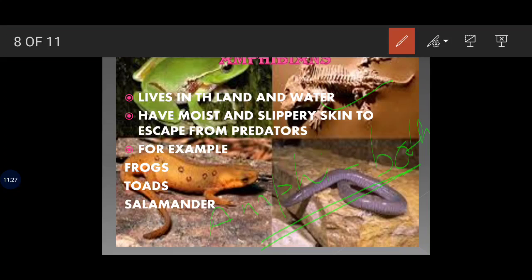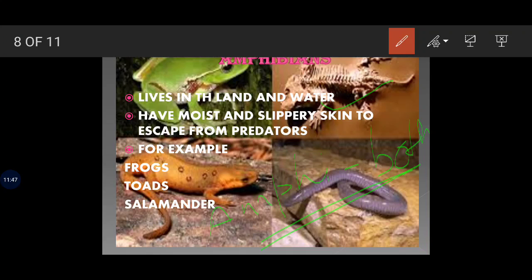While they stay in water, for half of their life, they have such a body structure, like they have a tail and they have gills to breathe. Why a tail? The tail helps them to swim in the water.